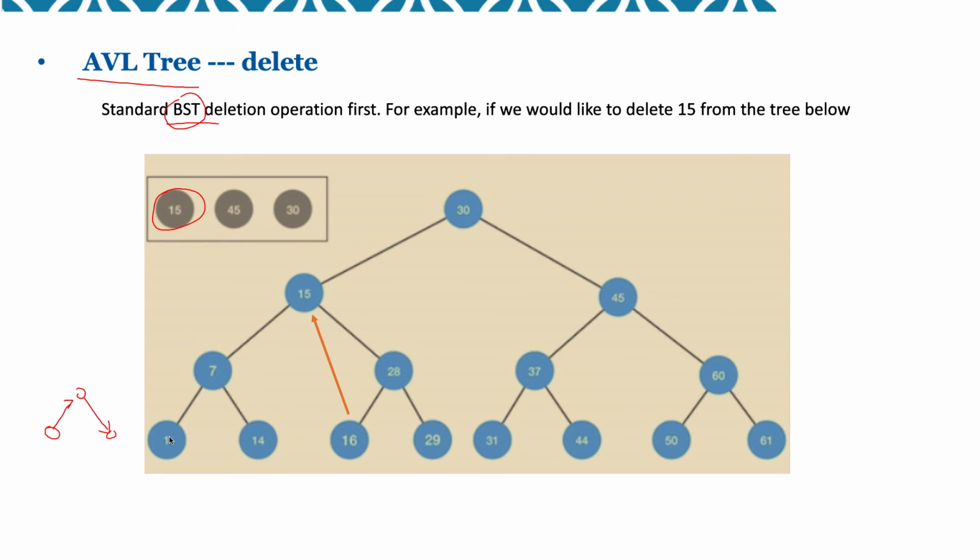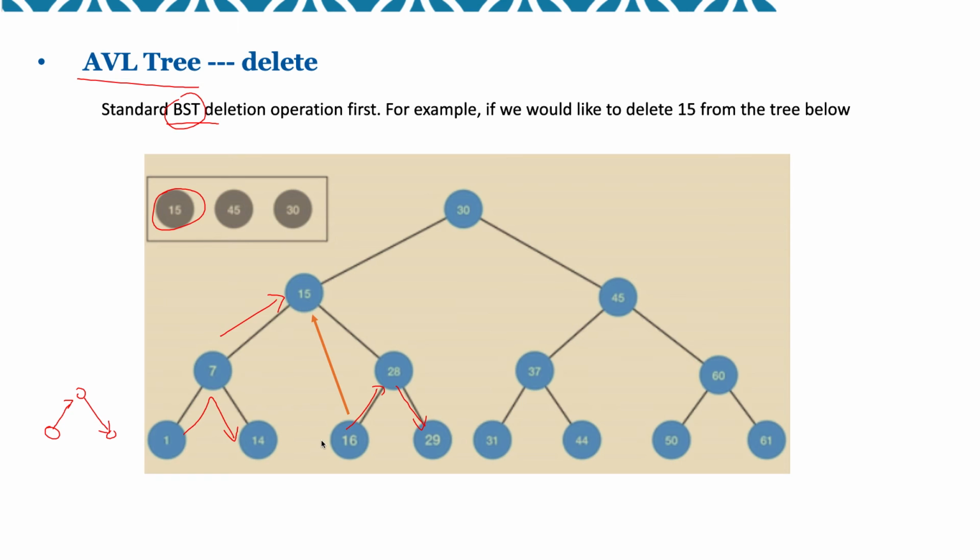For example, the sequence is 1, 7, 14, and then 15, and then 16, and 28. You get my idea, right? So basically, it follows like this, and then this.